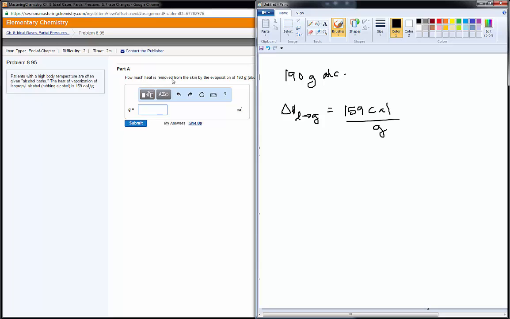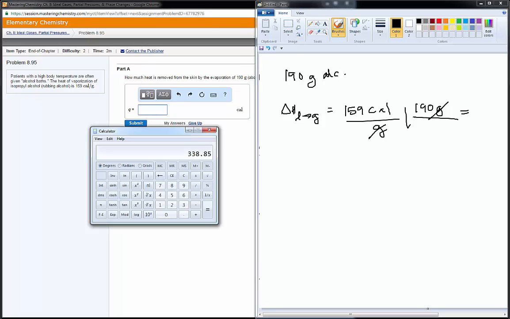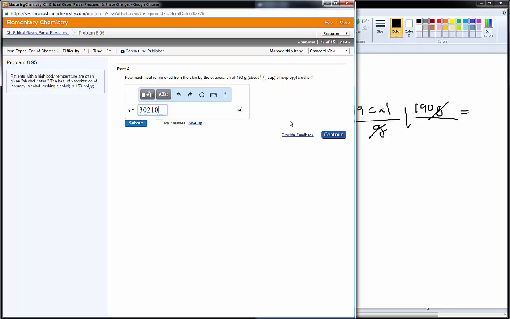So how much heat could be removed from the skin if I evaporate 190 grams? Grams cancels, and I'm left with units of calories, which is what they asked for. That's a unit of heat energy.